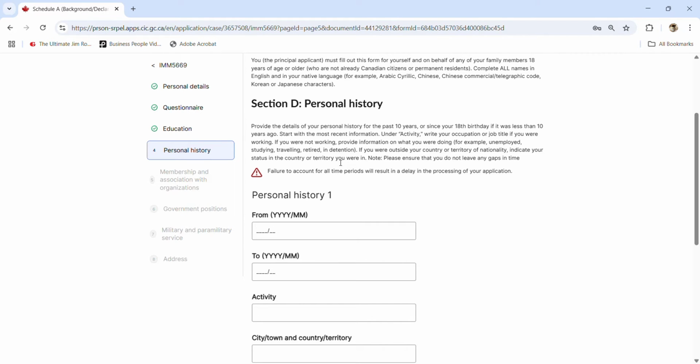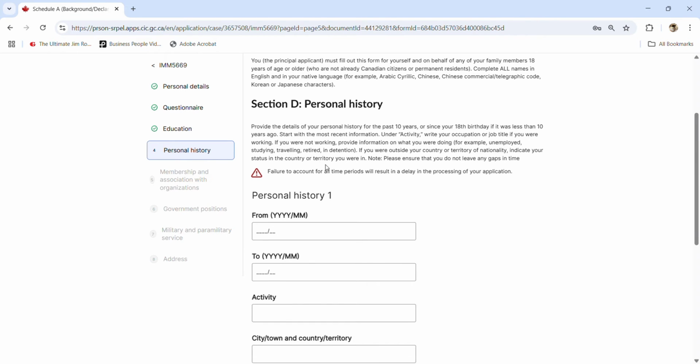But if you have a family member in the application who was born in 2000, for example, it means that the person is 25 years old now, but his personal history will be counted from the day that he finished his 18th birthday. Let's say from January 2019 until now, June 2025, but not from June 2015 to June 2025 because in 2015 he was only 15 years old.